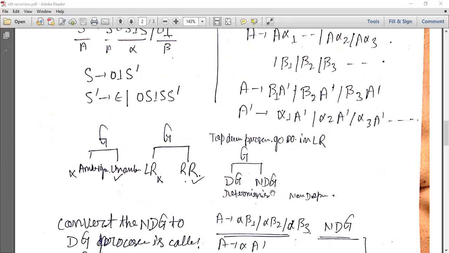But from a precautionary point of view, we can check whether the grammar is ambiguous or not. If the grammar is ambiguous, convert it into unambiguous grammar, and then check whether the grammar has left recursion. If it does, remove that left recursion with the help of the formula and convert it into right recursive grammar.